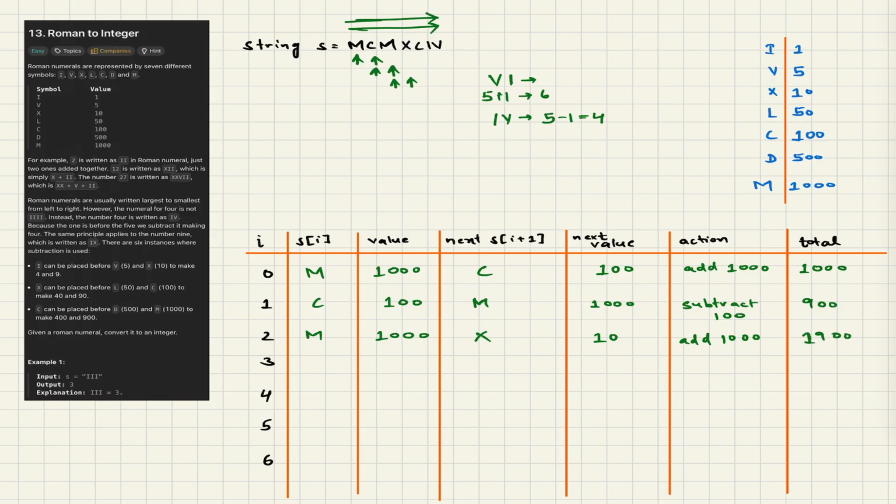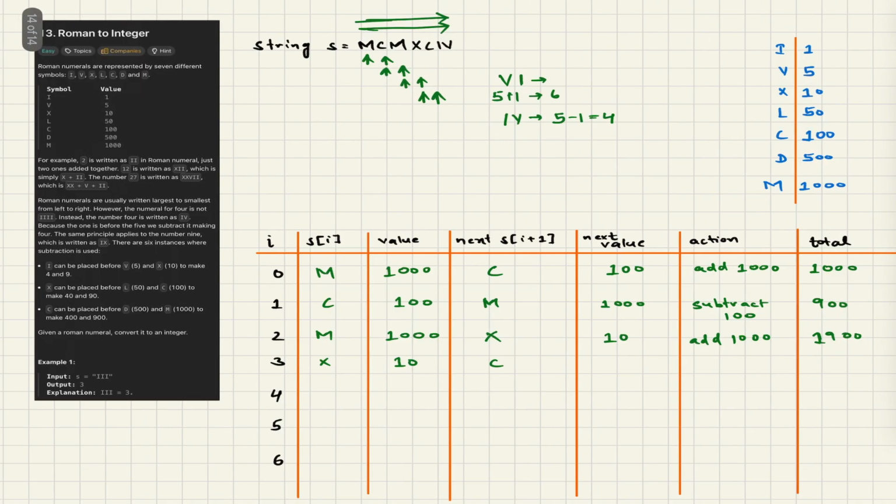Next we have X. The value of X is 10, and the next symbol is C, whose value is 100. Since 10 is smaller than 100, we are going to subtract 10, and it becomes 1890.